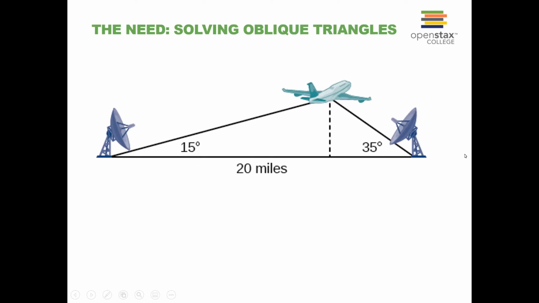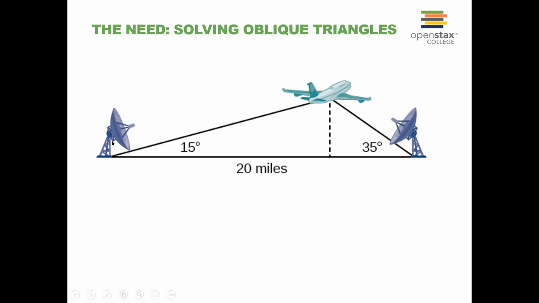Here's an example where oblique triangles are involved, and this is a real situation. We have a plane that's in motion, and then we have two stations 20 miles apart with radars that actually communicate with the plane.